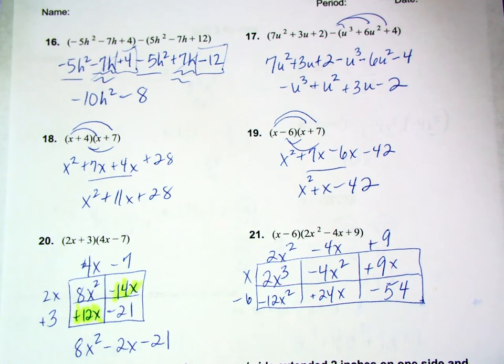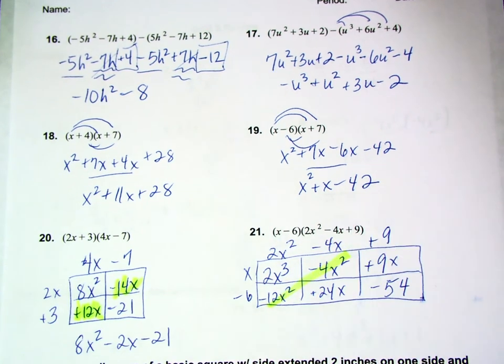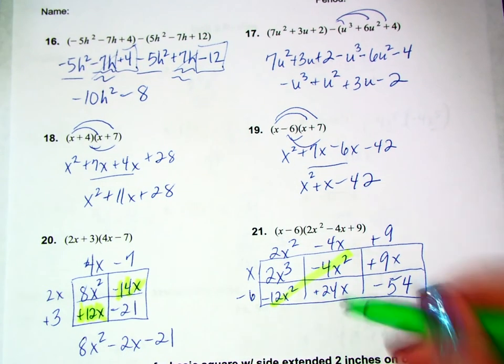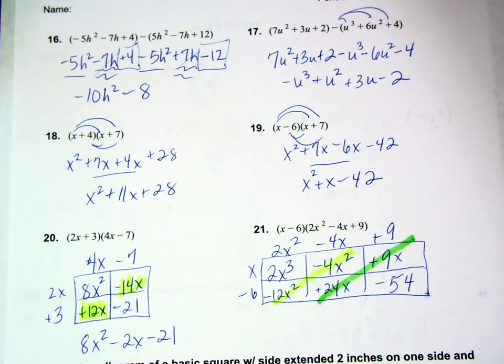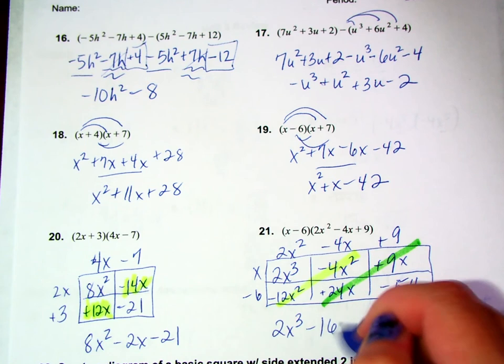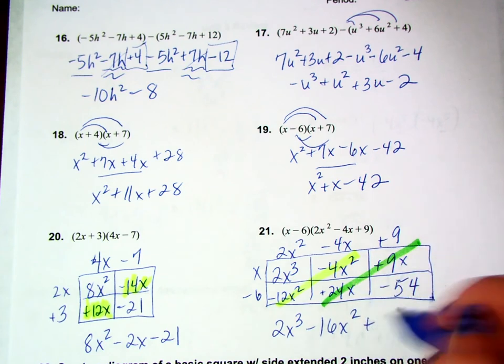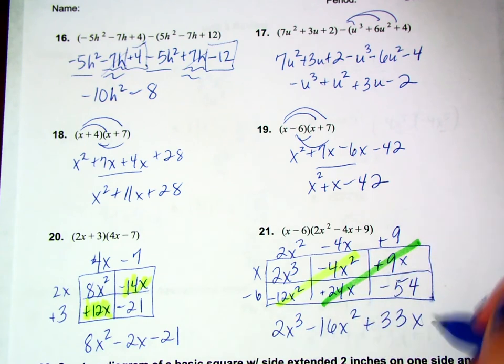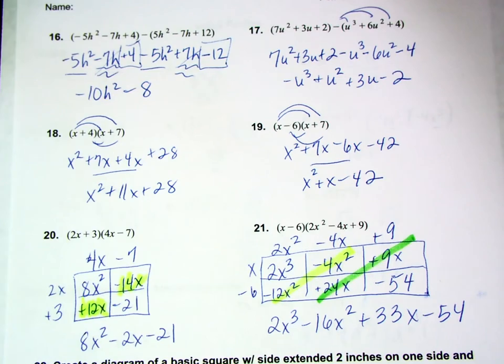And again, you've got these diagonal middle terms that you're going to be combining. So we're left with 2x to the third minus 16x squared. How'd you do?